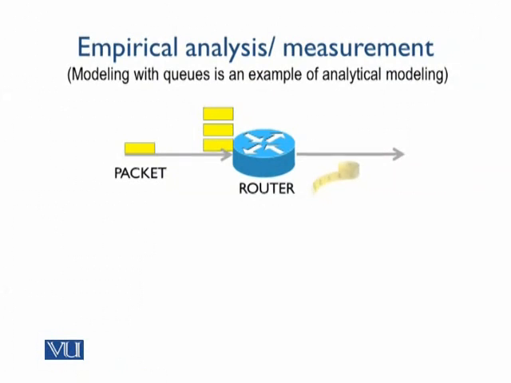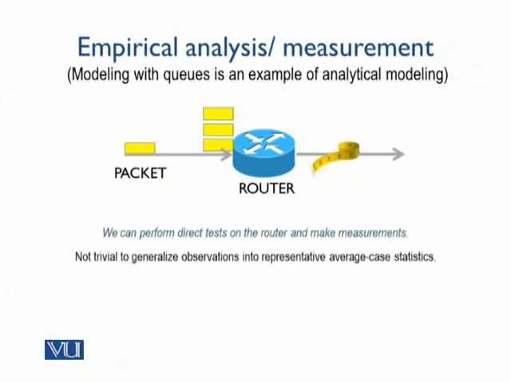And in measurement, we actually measure the performance of the system that we are studying. So it may be, for example, by instrumenting the device. But one problem with measurement is that measurement can only be done when a prototype of the system exists or the actual system exists. What happens when we are actually thinking of designing a system?